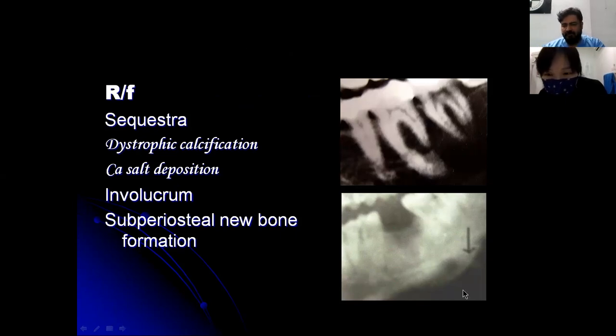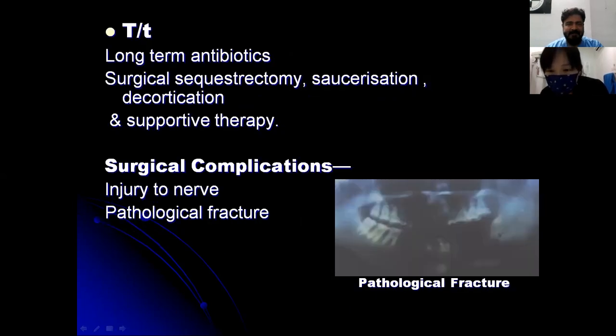Try to see in this radiograph, maybe you can appreciate. Then long-term antibiotics, surgical sequestrectomy, saucerization, decortication, and supportive therapies. Surgical complications: injury to the nerve, and pathological fractures may happen.